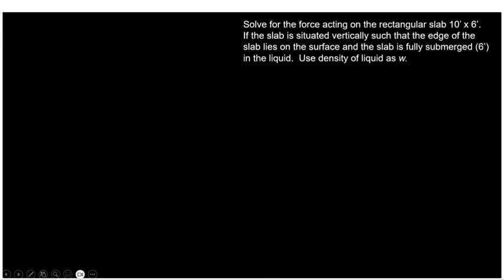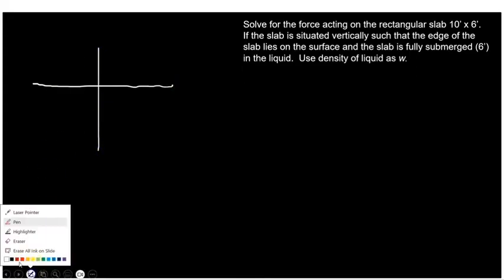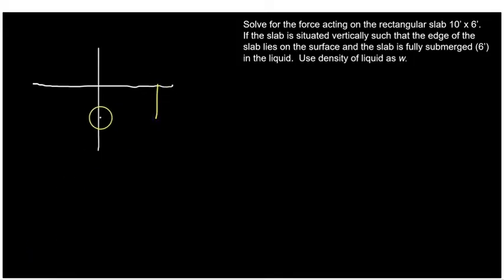So let's try solving. Solve for the force acting on a rectangular slab 10 feet by 6 feet. The slab is situated vertically such that the edge of the slab lies on the surface and the slab is fully submerged 6 feet in the liquid, so use the density of the liquid as W. Let's draw my X and Y axis, and let's use another color for my slab.